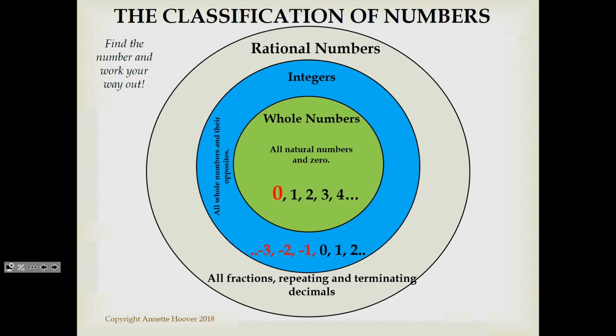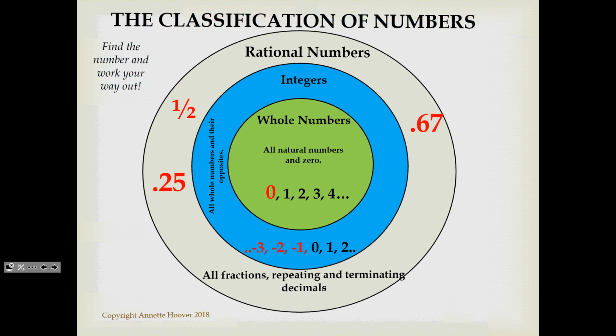So if this were a number line, and this was 0, and this was 1, it now includes everything in between 0 and 1, as long as it is a terminating or repeating decimal, and includes all fractions, such as 1/2, 25 hundredths, 67 hundredths, any fraction, 3/10, any decimal that comes to an end, which is called a terminating decimal, and all fractions.